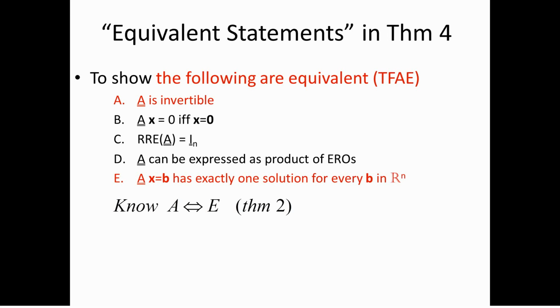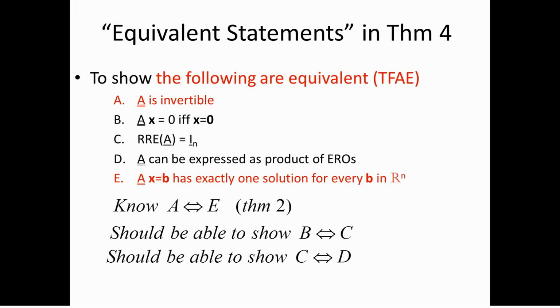And I claim, and I'm going to leave this to you as an exercise, that you can show that B is equivalent to C. That AX equal to 0 only has a trivial solution if and only if the reduced row echelon form of A is equal to the identity matrix. You should be able to show both directions. You can also show that C is equivalent to D. And last, we can show that A is equivalent to D. If it's invertible, it can be expressed as a product of elementary row operations.